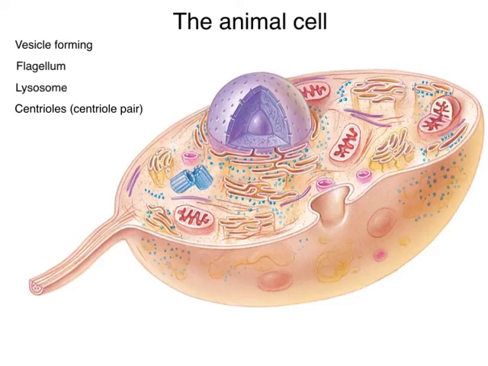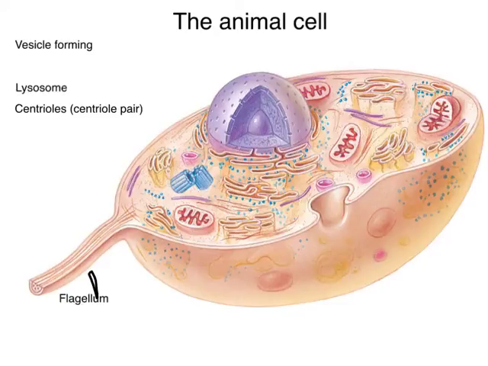Okay, so here we have an animal cell, and I think you'll find most of the parts we talked about, and you should go ahead and label those. However, there are also some other parts that an animal cell has that a plant cell doesn't. For example, some animal cells would have a tail-like structure called a flagellum.